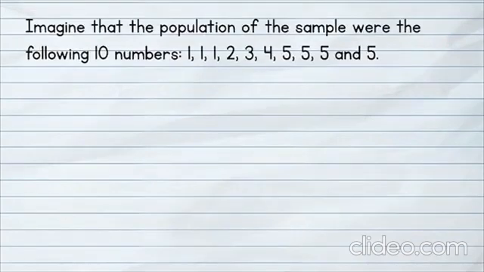Now, imagine that the population of the sample were the following 10 numbers: 1, 1, 1, 2, 3, 4, 5, 5, 5, and 5. Clearly the numbers are the same, but there is a concentration around the two extremes of the dataset, which are 1 and 5.